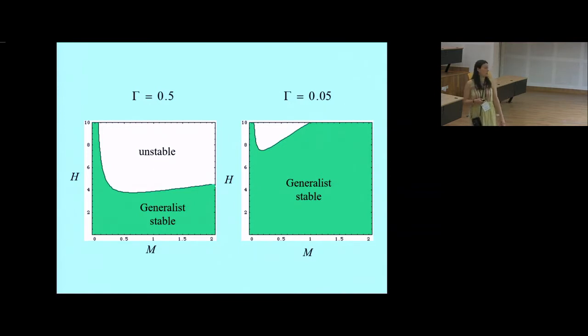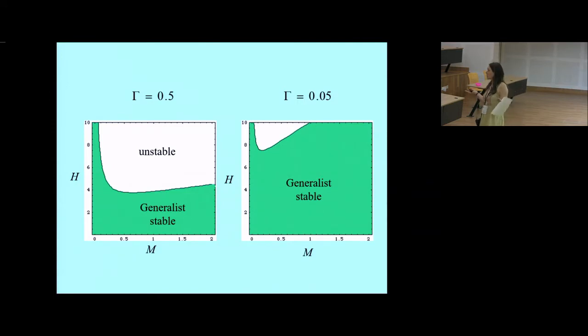So what is quite obvious is that in general, when you decrease the strength of selection, and you have then less difference in fitnesses between the two habitats, the generalist equilibrium is stable for a much larger range of parameters. And the effect of migration is not completely trivial, because if migration is very small, then the generalist equilibrium is stable.